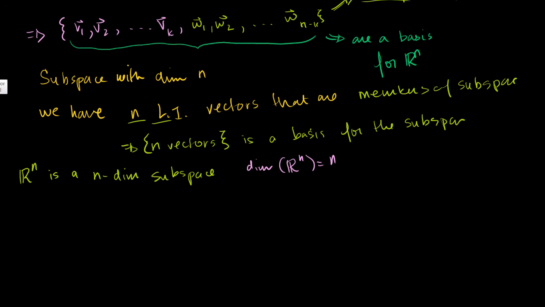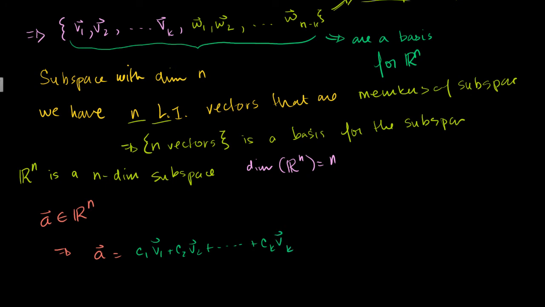So that tells us that we can take any vector. Let's say A is a member of Rn, some vector. That means, since this is a basis for Rn, that A can be represented as some linear combination of all of these guys. So it can be represented as c1 times v1 plus c2 times v2 plus all the way to plus ck times vk.